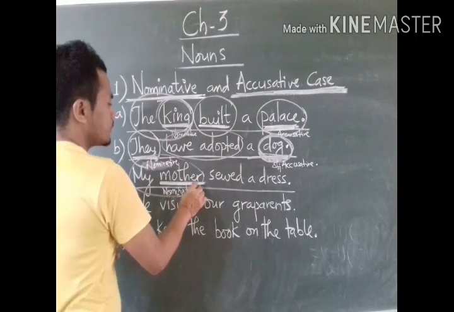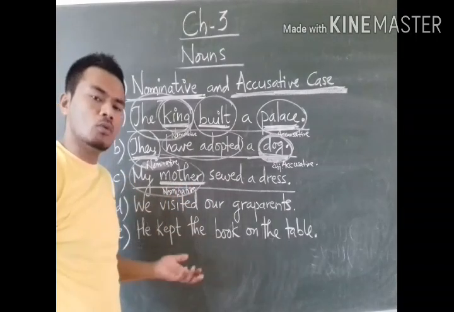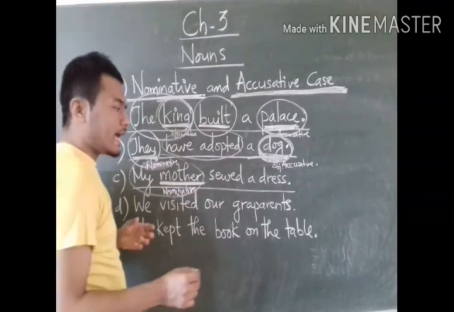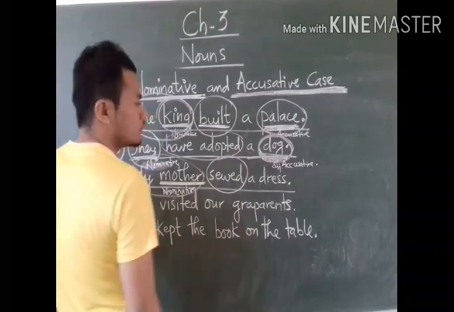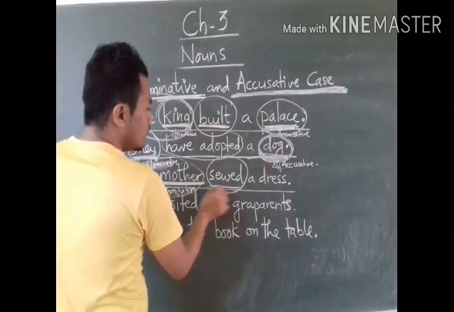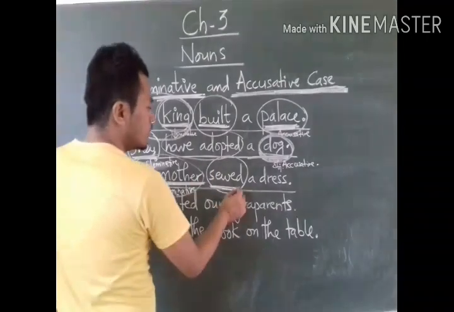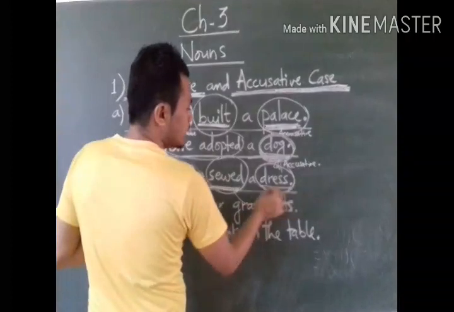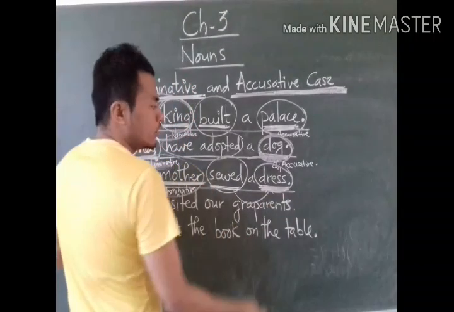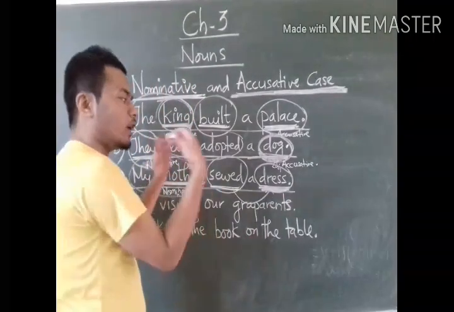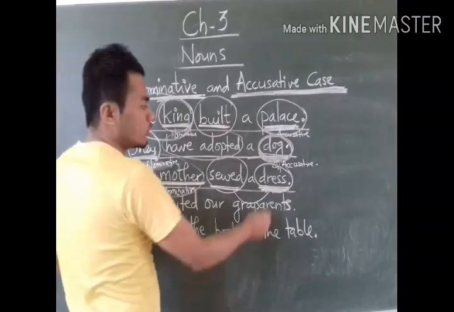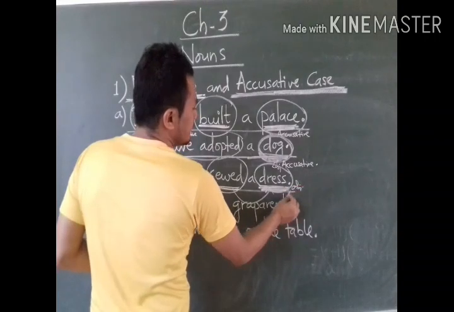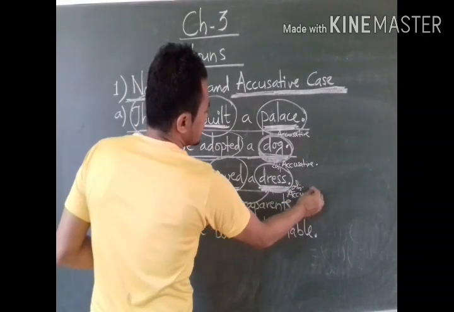If nouns or pronouns are used as the subject, then they are in nominative case. So what is the action here? Sewed. What did she sew? A dress. So the action is reflected to another noun, that is dress. Dress is the noun used as the object of the sentence, so it is in accusative case.